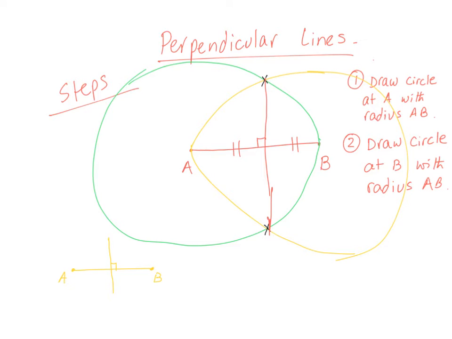Sometimes you might have a diagram of this sort where you've got A and B, and the perpendicular should go through point C. Okay, so you want this line. So let's remove it for the meanwhile, and then we'll go through the steps.